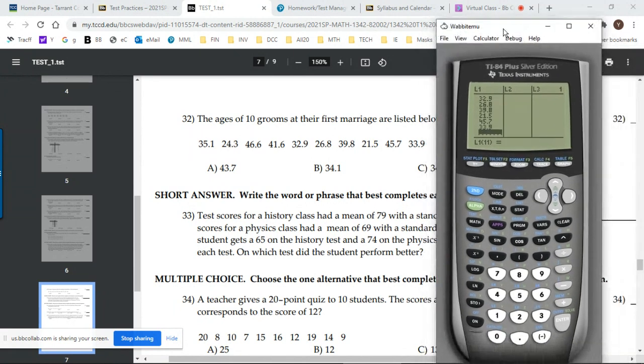Okay, so we have 10 data values in here, right? And if I don't want to find the first quartile, second quartile, and the other quartile by hand, I can just go ahead and use this same template, and scroll down. Look at it, I have a minimum of 21, right? I have a maximum here of 46.6. And then this is Q1, Q2, and Q3, okay? So I already have Q1, Q2, and Q3 right here.